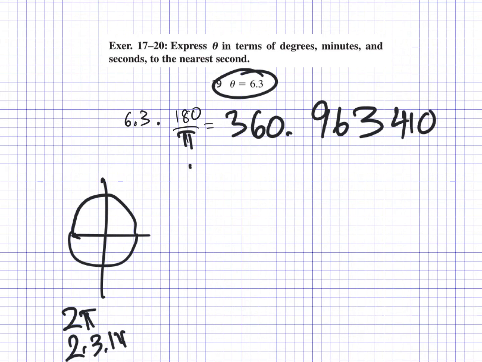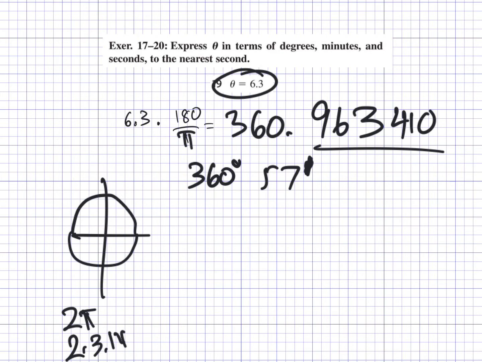So you have 360 degrees, and I'll take the 0.963410 and times that times 60, and that gives you 57 minutes, sorry, 0.804.